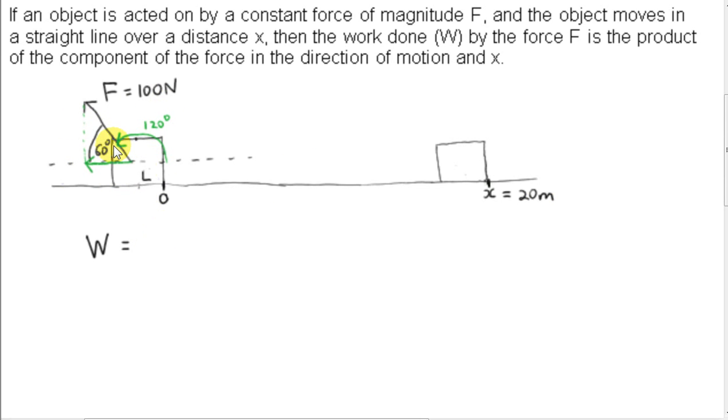We would have to multiply the magnitude of the vector, which is 100, by the cos of not 60 degrees but 120 degrees, and then we multiply by 20 meters.